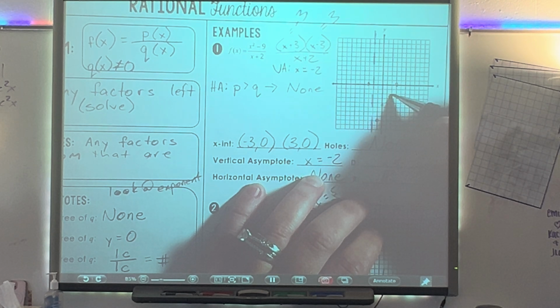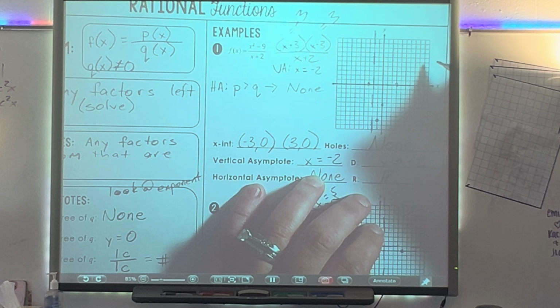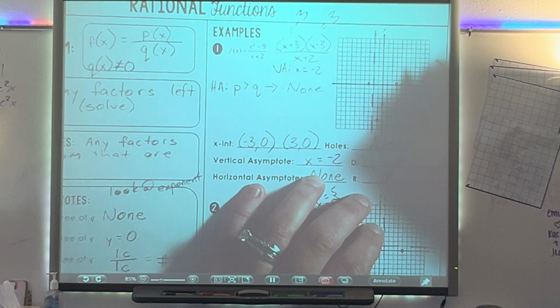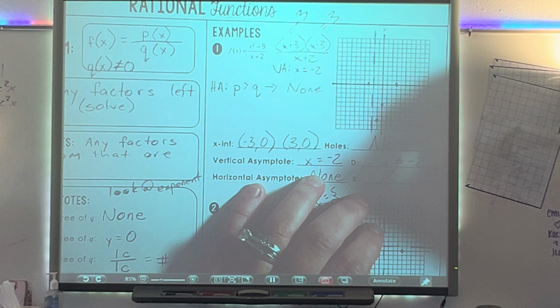I'll go ahead and get the positive side over here. Anything at 1 or 2 that we could use? No. Alright, what about out here to the right? Is there anything over here that we can use between 3 and 10? Find me something that is a halfway decent fraction that I can figure out.